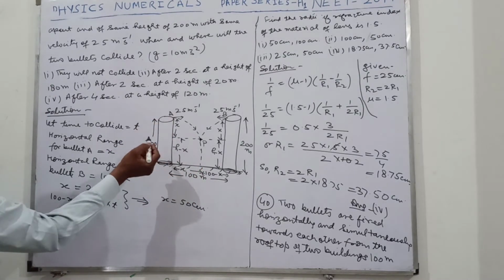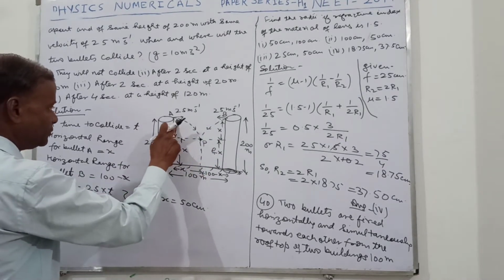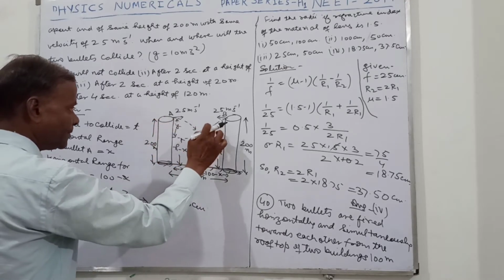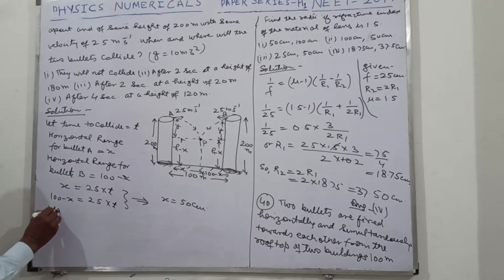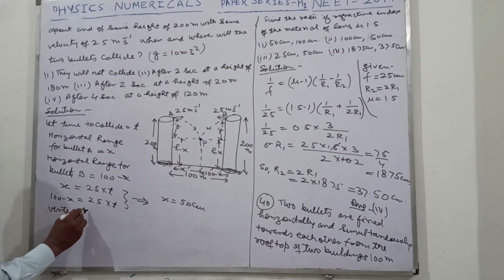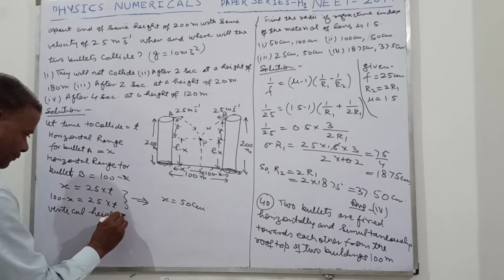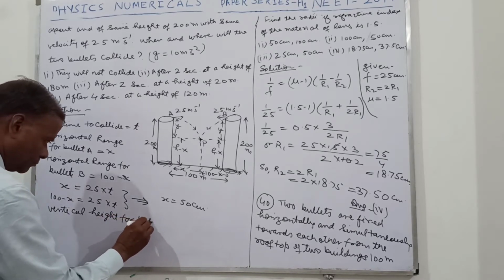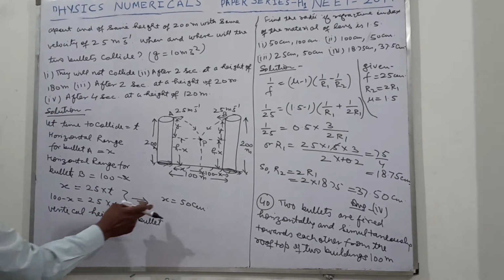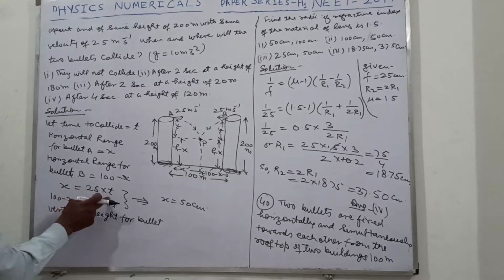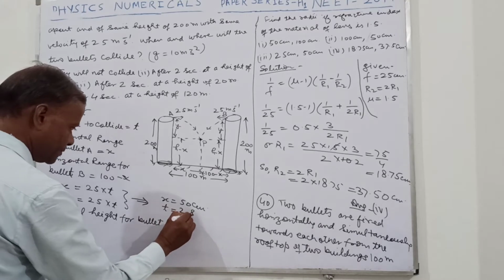Now we find the vertical height y. If you put the value of x in either of these equations, then you find that t is equal to 2 seconds.